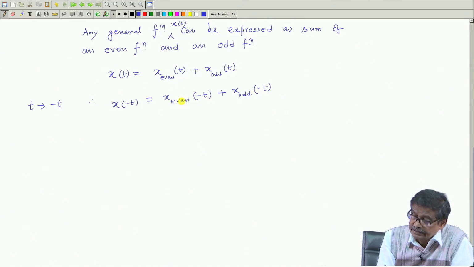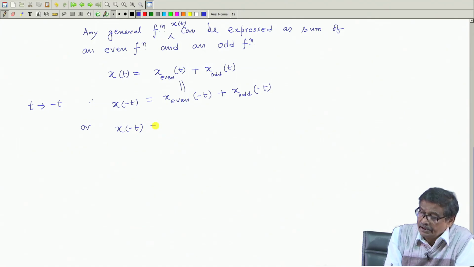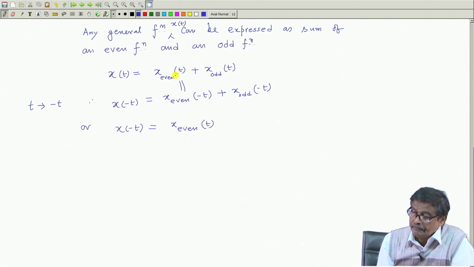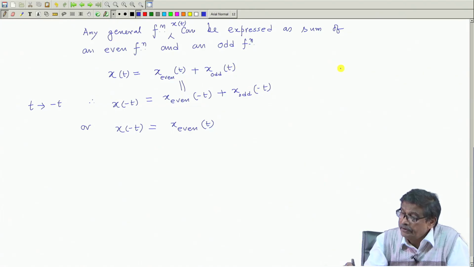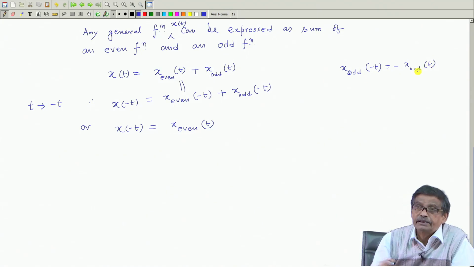But since this part has to be even, these two must be equal, or x even(-t) will be equal to x even(t). Since this is even, these two are equal, and since this part is odd, x odd(-t) will be equal to minus of x odd(t). It has to be, that is by definition.